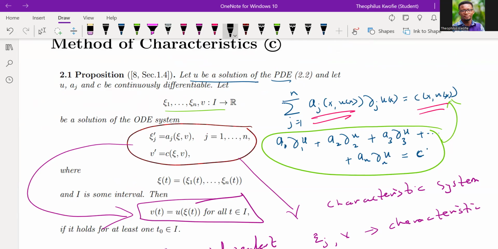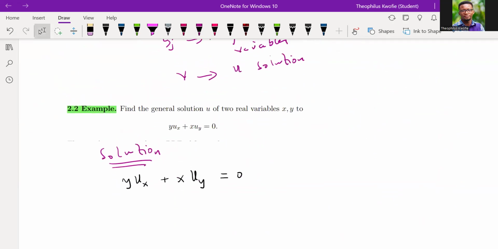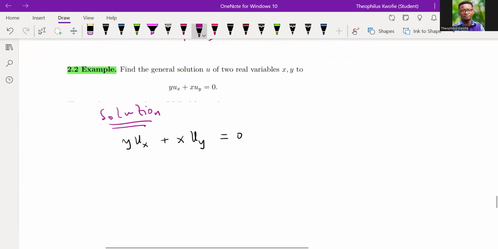I want us to be very consistent in that, so I don't want us to use x, y. I want to change that to a different notation.